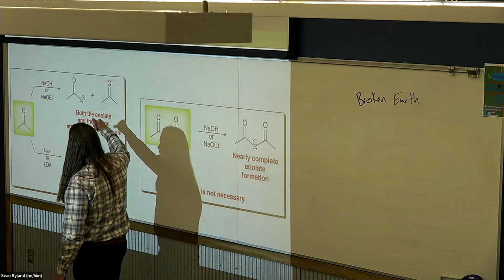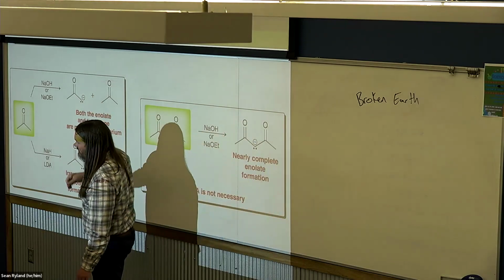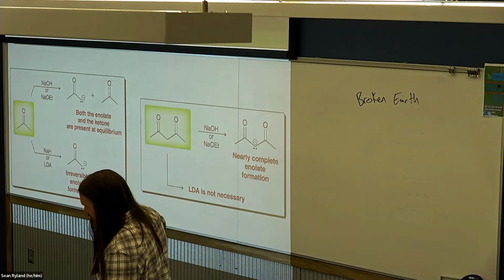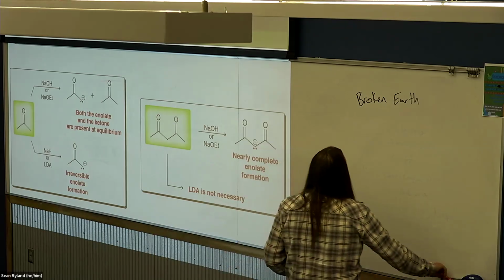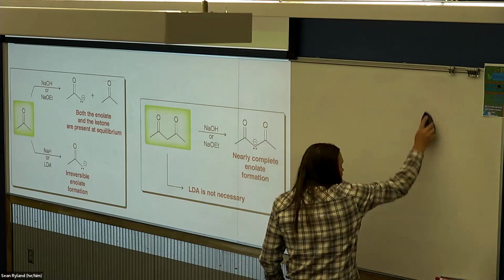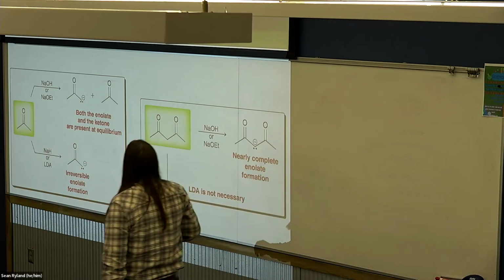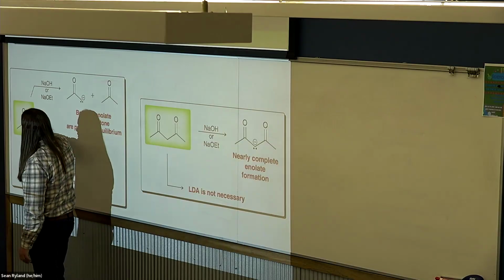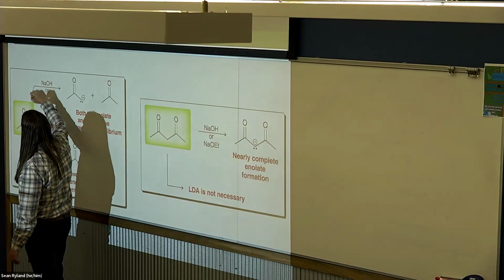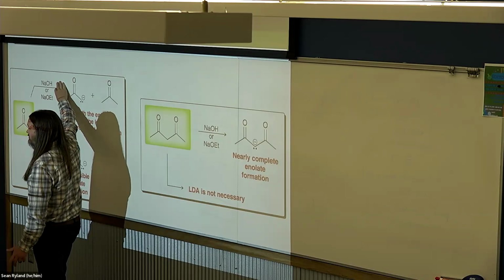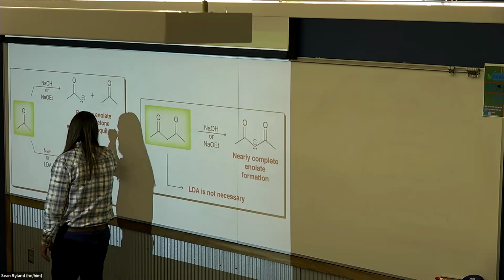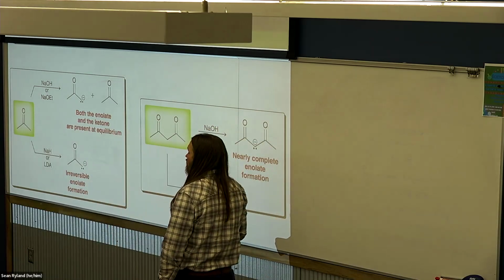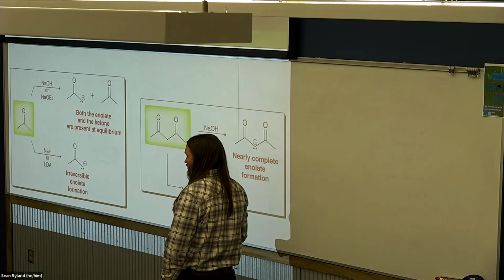The enolates, because we get this full negative charge, even if it is in a resonance structure, are going to be a lot more effective in terms of predicting what our reactions are going to be. And just as a reminder, if we have a standard ketone or aldehyde and use a normal strong base, not a super strong base, we're often going to get both the enolate and the ketone at equilibrium, which has the possibility of reacting with itself.